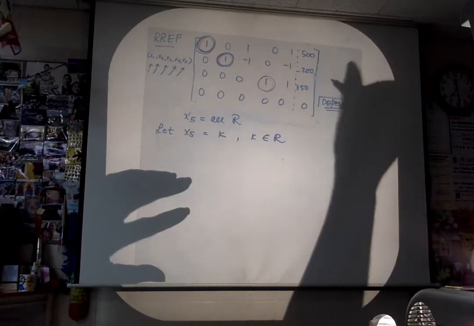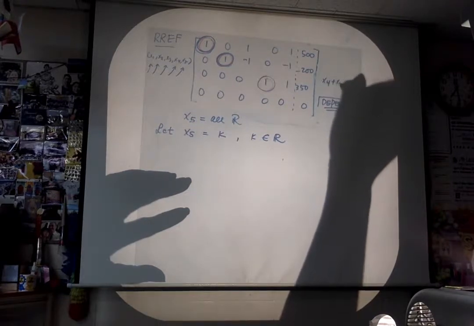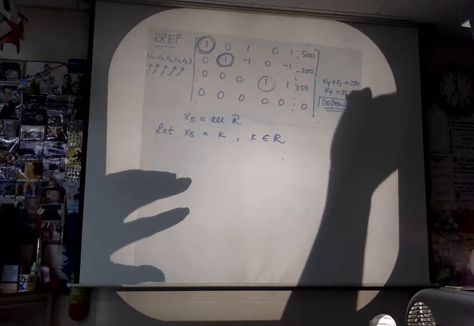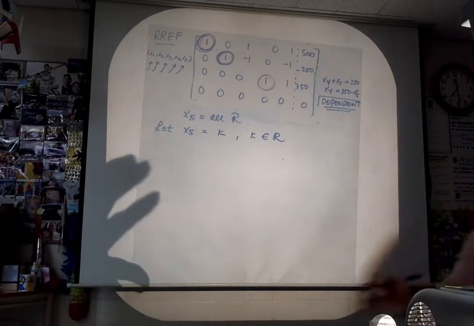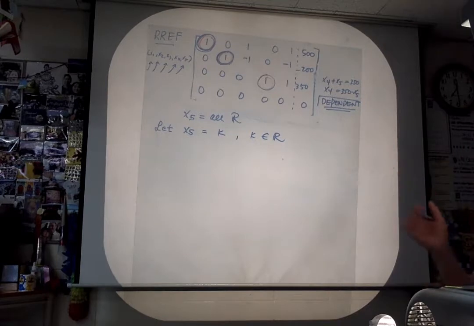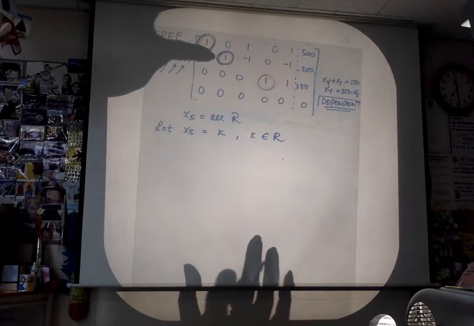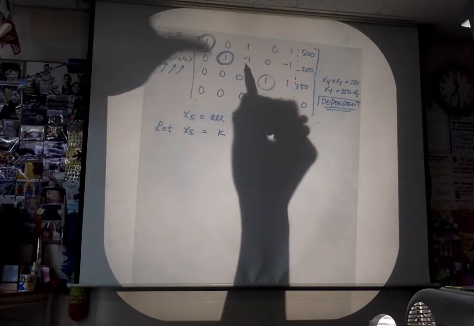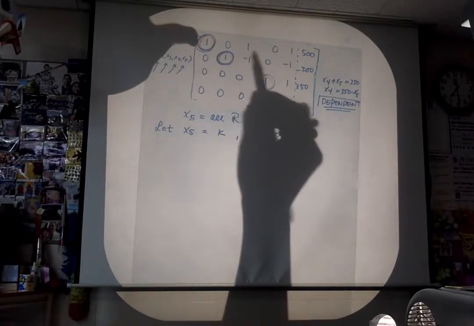If you rewrite this, isn't it x4 plus x5 equals 350, which means x4 is equal to 350 minus x5? So x4 is dependent on x5. This guy here, x2, is also dependent on x3 and x5.